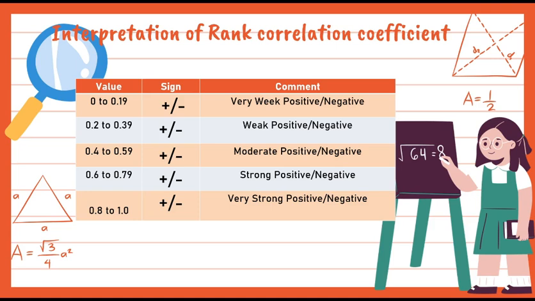Now, before going to computation of the rank correlation coefficient, let us look at how we interpret it. If the value is from 0 to 0.19, positive, then we say there is a very weak positive correlation. If it is between minus 0.19 and 0, then there is a very weak negative relationship between the variables.